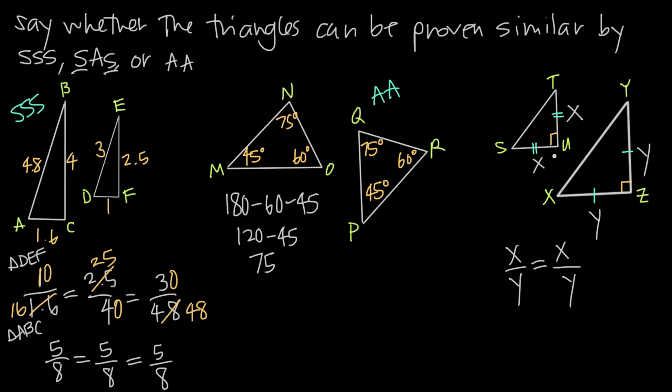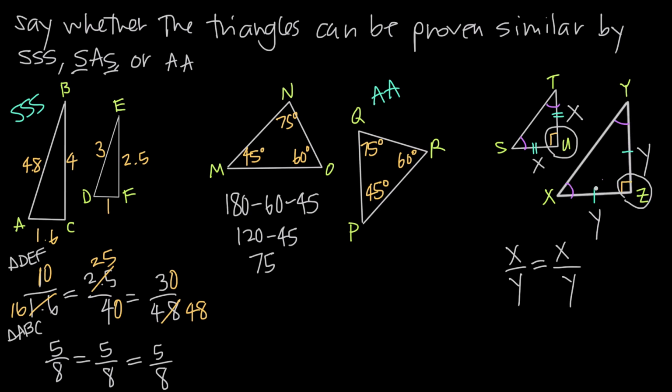And of course, we can see that we have a right angle and a right angle, and it is the included angle between the 2 proportional sides. It has to be the included angle. If we were given information about this angle here or this angle here, the non-included angles, or this angle here or this angle here, these angles are outside the 2 proportional sides.